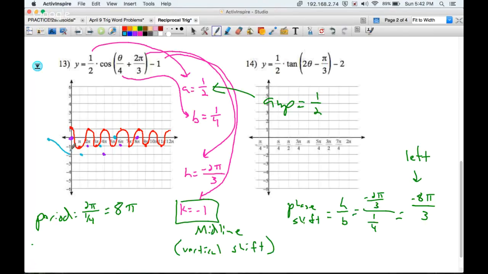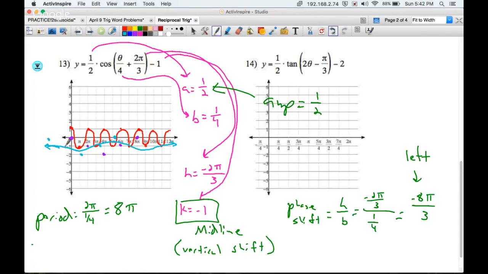Final graph. Oh, we have yet to shift the amplitude. Whoops. Okay, so the final graph will have a much narrower amplitude, just kind of a wavy line right in here. Oh, not perfect. I bet you can do a better job than that.